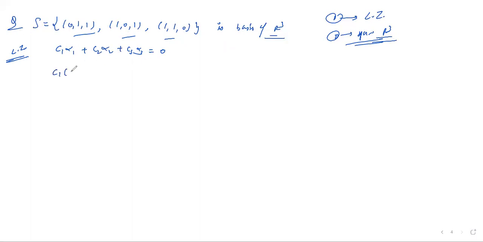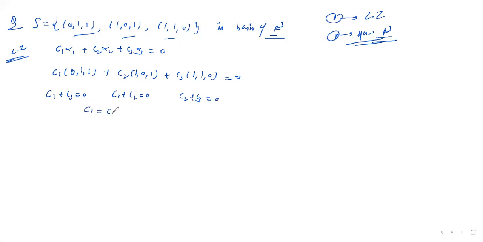Let's find that out: C1 (0,1,1) plus C2 (1,0,1) plus C3 (1,1,0) equals 0. From this I got C2 plus C3 equals 0, C1 plus C3 equals 0, C1 plus C2 equals 0, which gives me C1 equals C2 equals C3 equals 0.